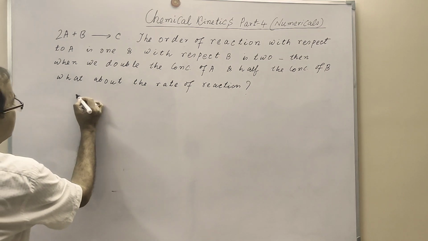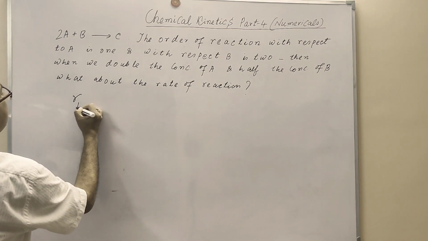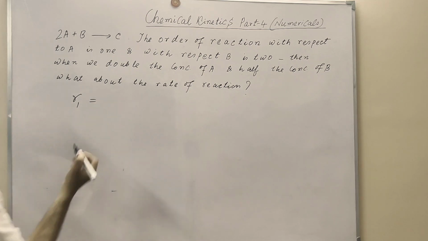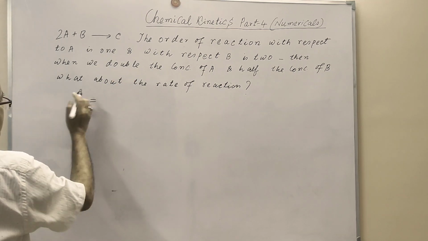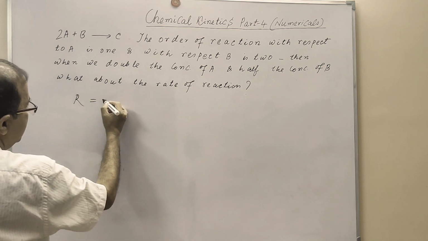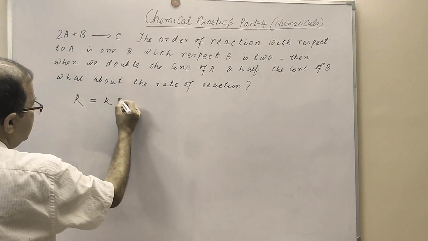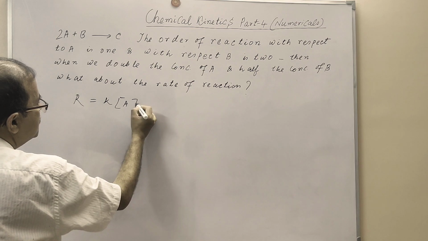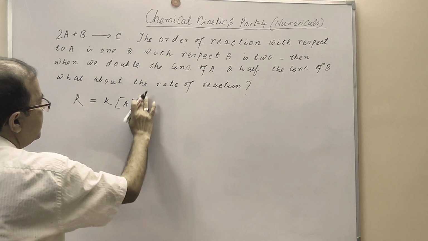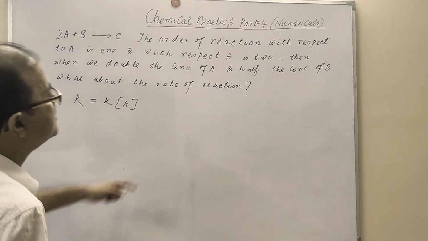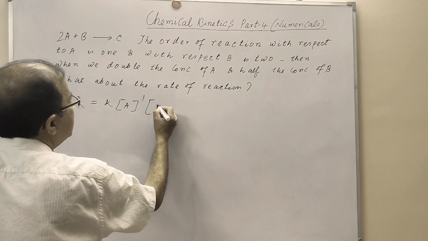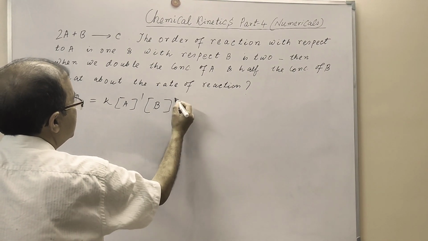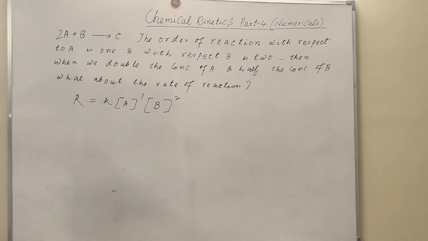For this, what to do? We have to write the rate law. Rate law for this rate of reaction, R1, is k into the concentration of A to the power 1 and B to the power 2.